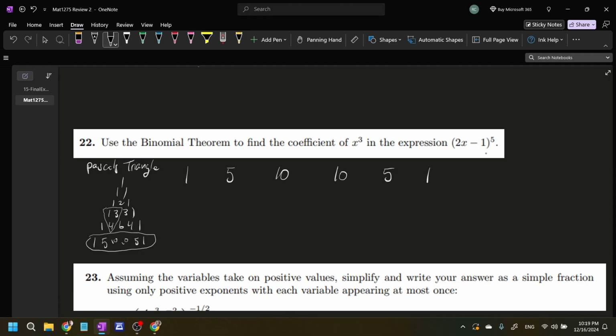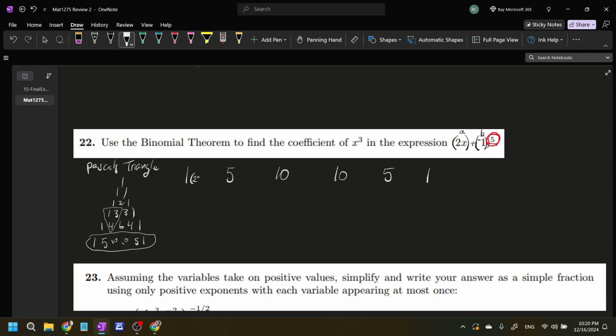In this case, 2x, that's our a value, and -1, so I'm going to write this as plus -1. So -1 is our b value. So we're going to take our a value, and since we're raising this to the 5th power, we're going to take our a value and write that to the 5th power to start this expansion.